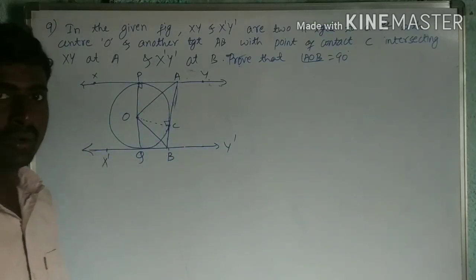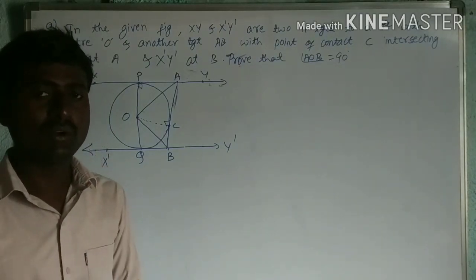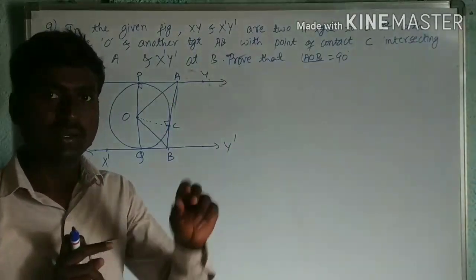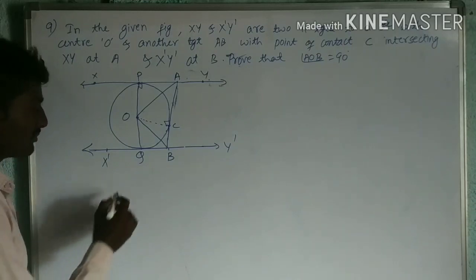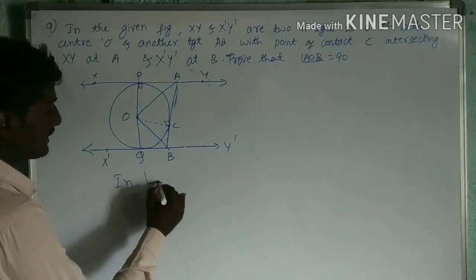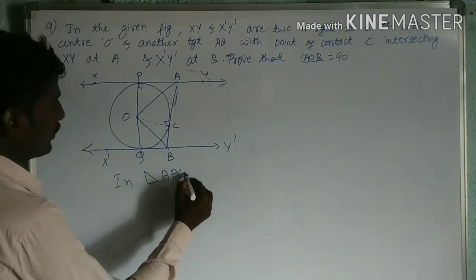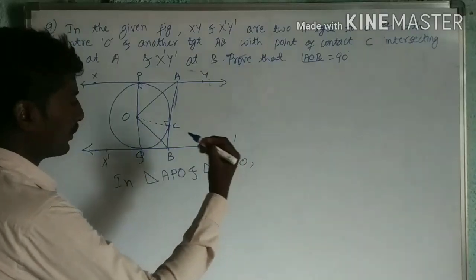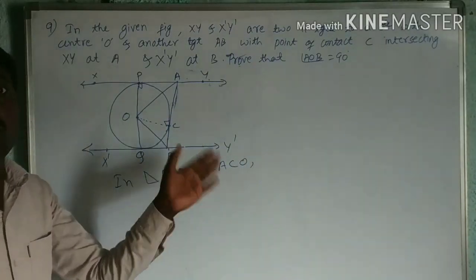So let us concentrate on these two triangles. We already know from the second theorem that we consider RHS congruence. In right angle triangle APO and another right angle triangle ACO, I am going to prove these two triangles are congruent.